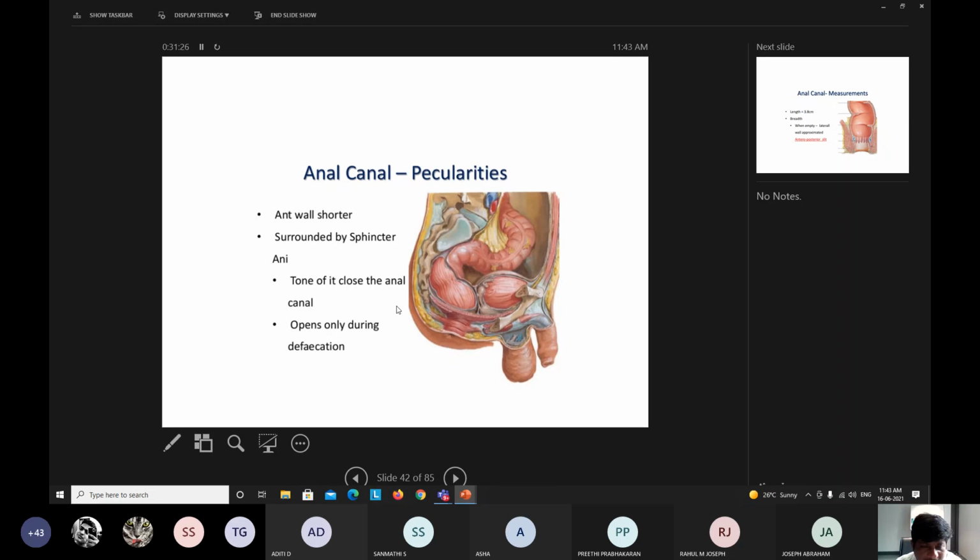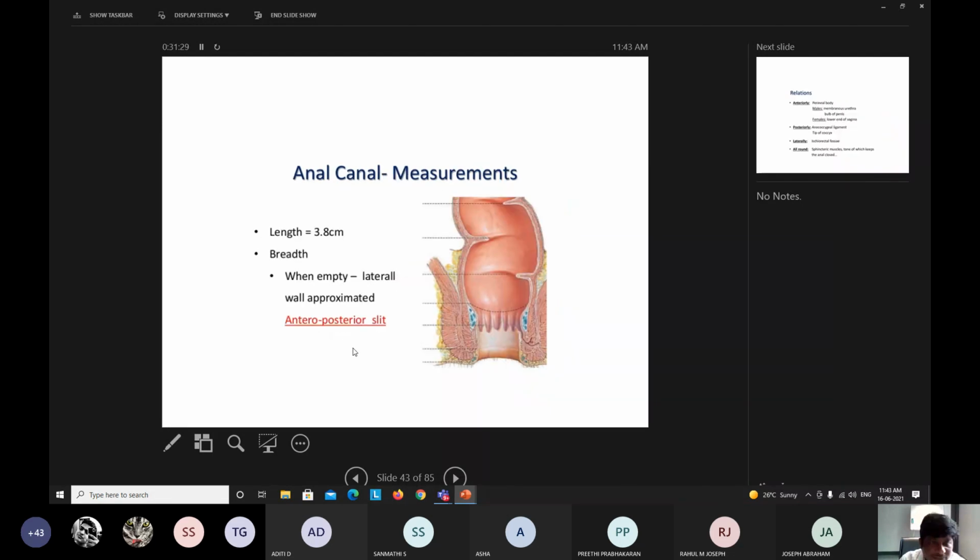It closes the anal canal and opens only during defecation. The length of the anal canal is 3.8 centimeters. Breadth when empty: the lateral walls are approximated in the form of an anteroposterior slit.